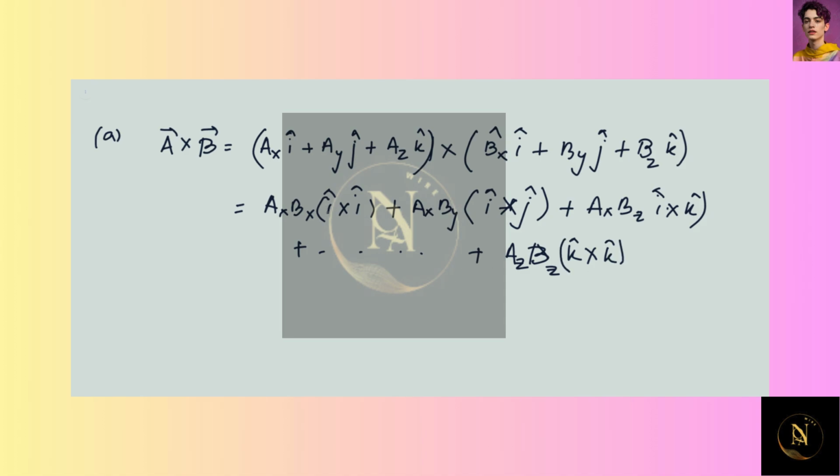Now each of these cross products of unit vectors can be evaluated using the results of problem 21 and equation 11.4b. So basically we will use the cyclic rule to find the cross product of these terms.